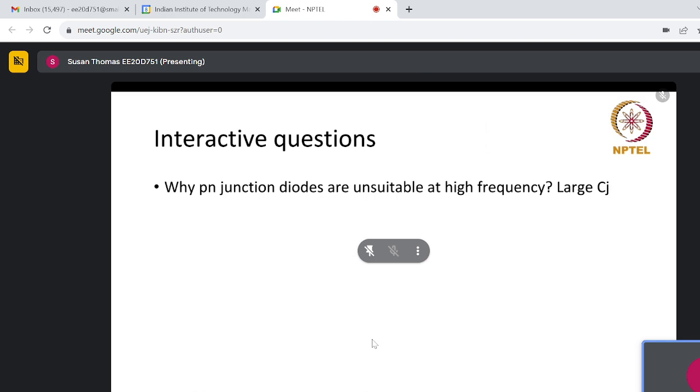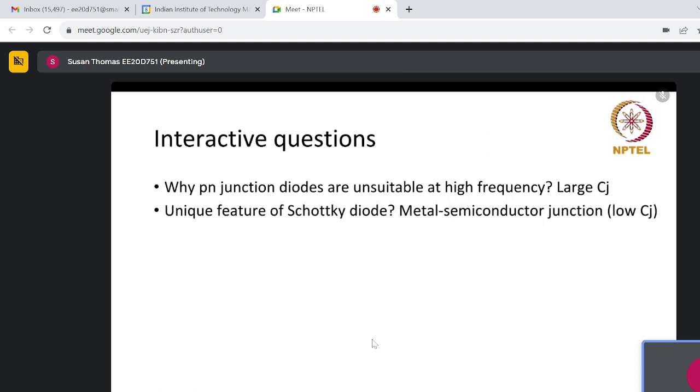So let me tell you. The junction capacitance is an issue at high frequency. The junction capacitance is very high, due to which the PN junction diodes fail. There is something about the Schottky diode compared to a regular PN junction diode, wherein you have a P type and an N type semiconductor on either side. In a Schottky diode, you have a metal semiconductor junction.